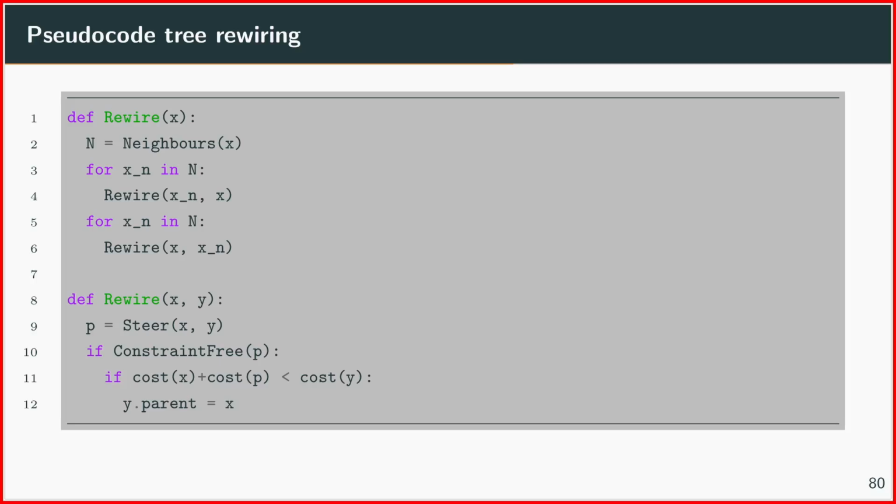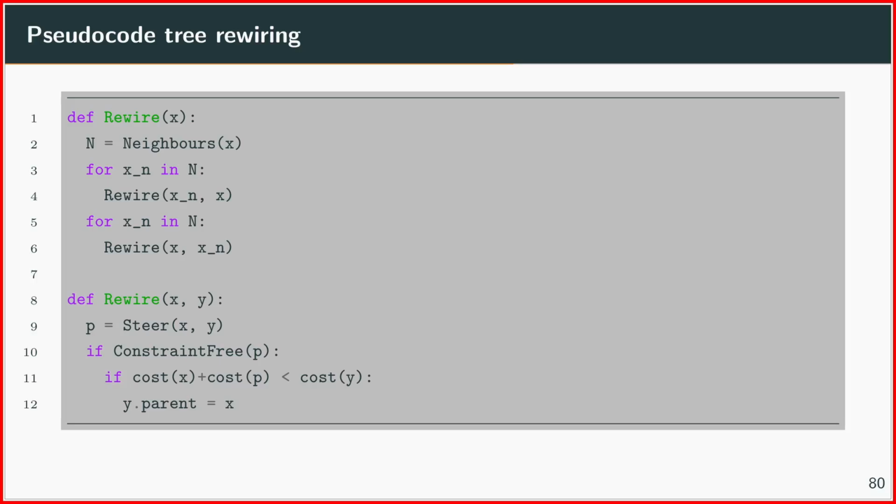But if we do it with RRT star, then it would give me the optimal solution in the end. Of course, only when the number of samples goes to infinity, when time goes to infinity, you will end up with the optimal solution. But yeah, very good question.